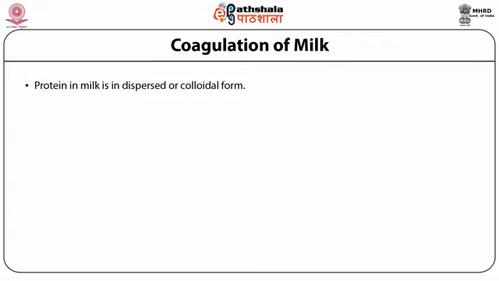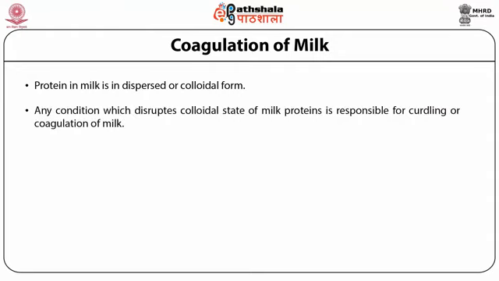Milk proteins are hydrophobic in nature, but they are made hydrophilic by the presence of different salts and charges. Any condition which disrupts this colloidal state or which disrupts hydrophilic property of milk causes curdling of milk.